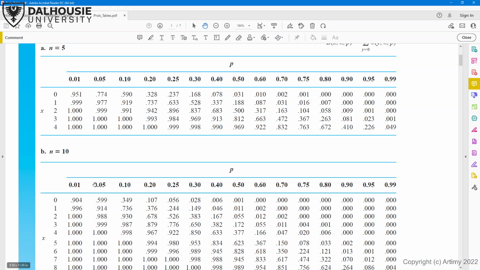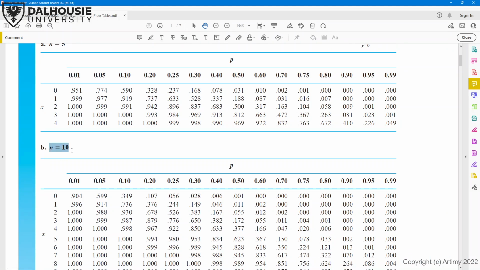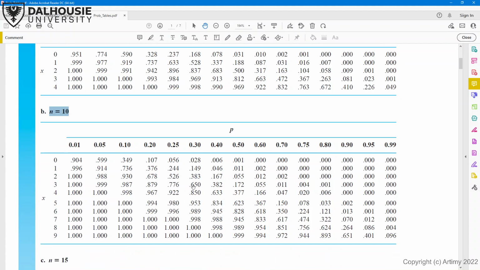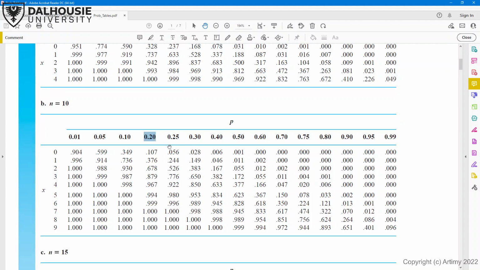First, I'll use this table because it's n equal 10, and you'll see the columns here. This is for probability 0.01, probability 0.05, probability 0.1, and this is 0.2. So I narrowed my search to this table with this column, and we're looking for x equal 3, right?